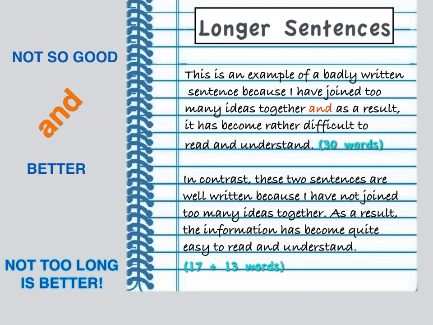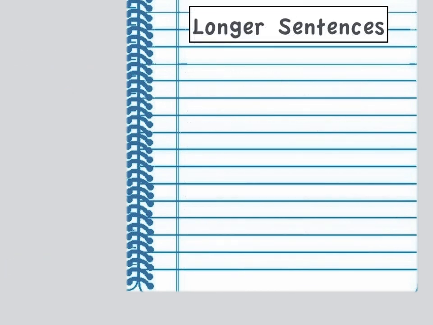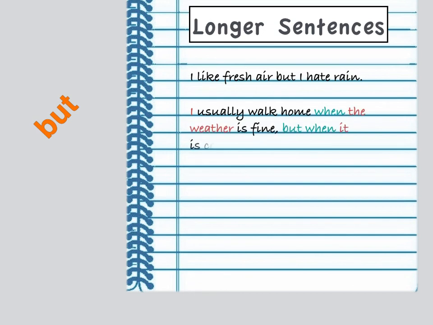How about but? This sentence is okay for spoken or written English. It joins two simple ideas with but. Now the next one has 4 subjects and 3 conjunctions in one sentence.